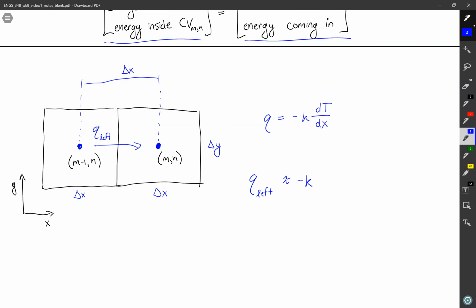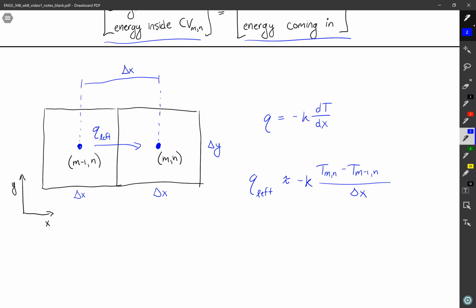So this is, again, approximately equal to T_m,n minus T_m-1,n, right? Right-hand side minus left-hand side, all over the distance delta x.